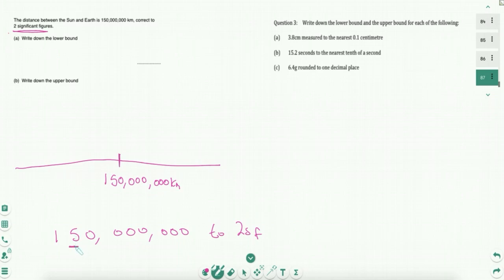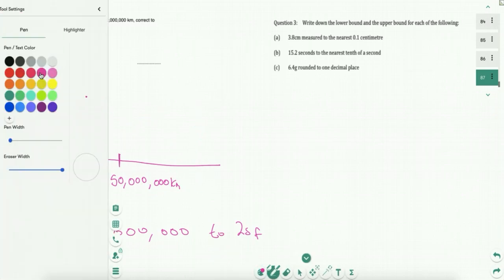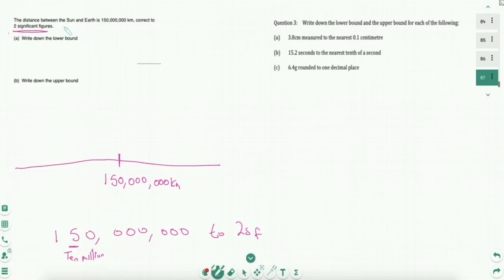This place value is the 10 millions column, because units, 10, 100, thousands, 10,000s, 100,000s, millions, 10 millions. So the second significant figure is the 10 million column, so we're correct to the nearest 10 million.